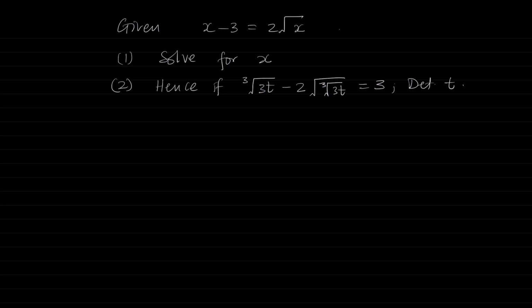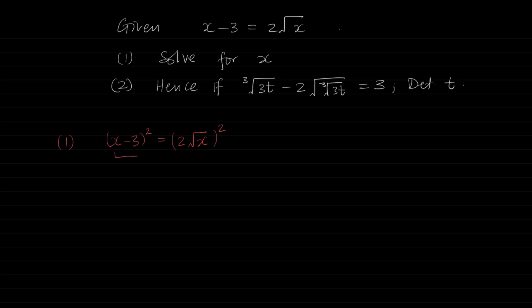Since there's a surd, a square root, I want to make sure that it's isolated. It is isolated, and so what I can do is square both sides. So I'm going to have x minus 3 all squared equals 2 square root x all squared.